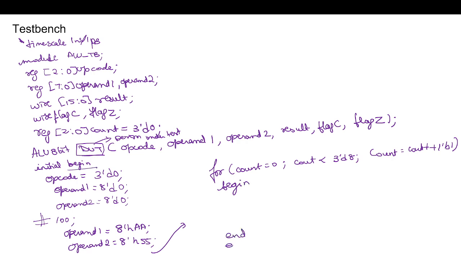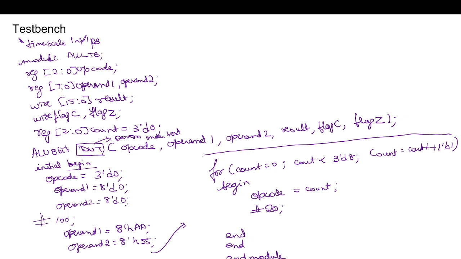Already one begin is open, so end and then endmodule. So now I wish to have opcode from 0 to 8. So my opcode is equal to count, and there should be some delay. So in this way you can use for loops to obtain all the combinations. Any doubts in this?